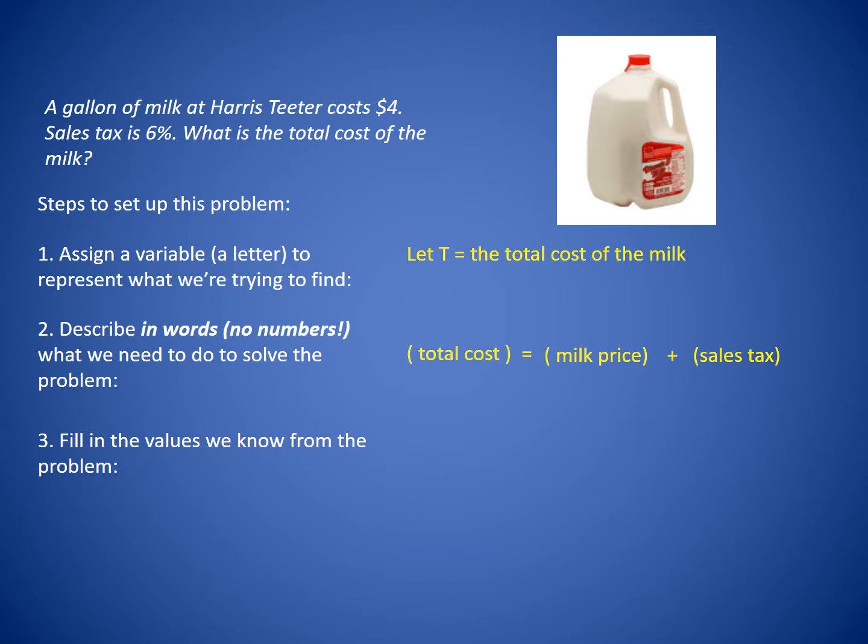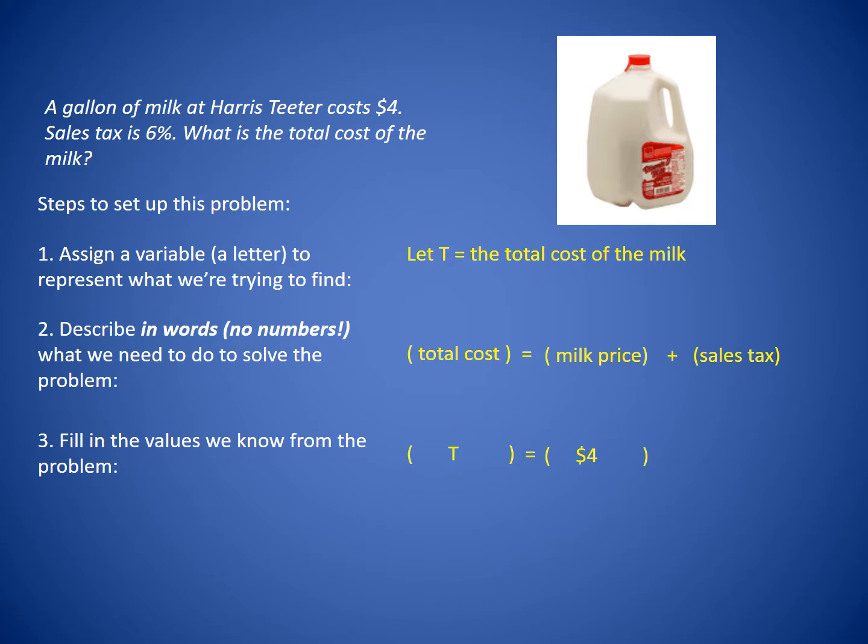But in the first step, we said we're going to represent the total cost by the letter T. So instead of writing total cost, I'm going to just write the letter T. And now the milk price is the next thing. So we're looking for the number in the problem that tells us the price of the milk. Right in the very first sentence, it says the gallon of milk at Harris Teeter costs $4. So instead of writing the words milk price, I can put the actual price of the milk. And now I just need to add the sales tax on top of it.